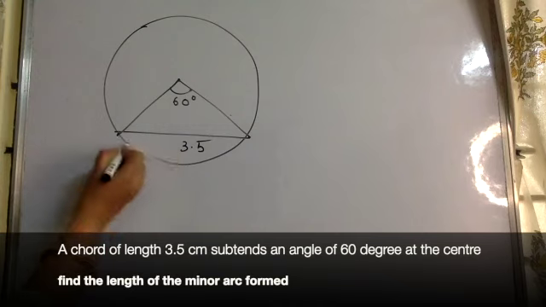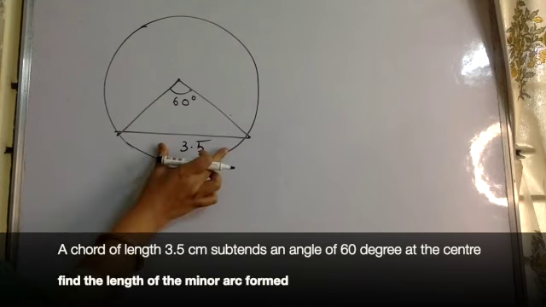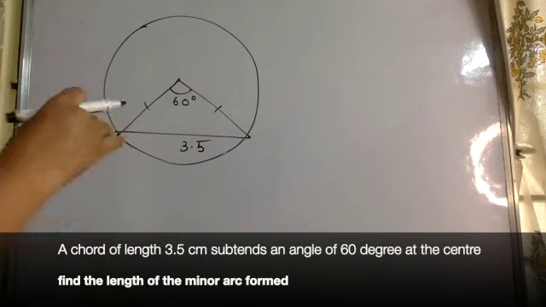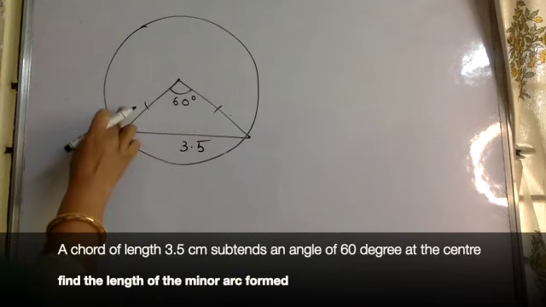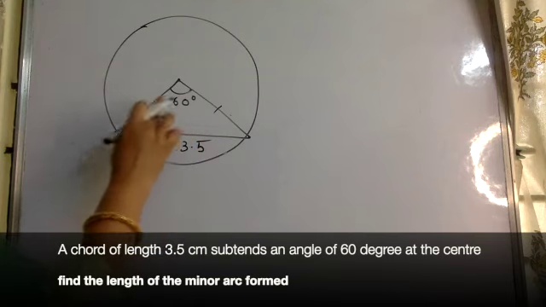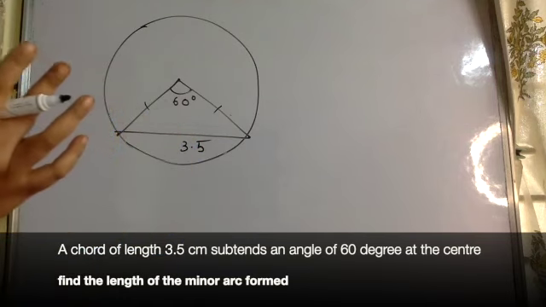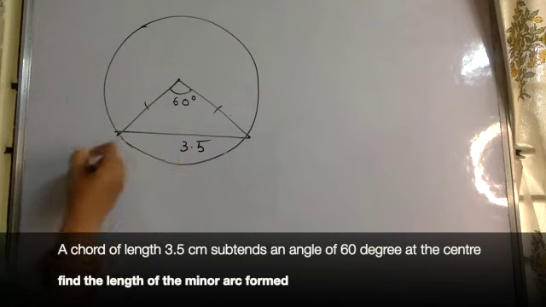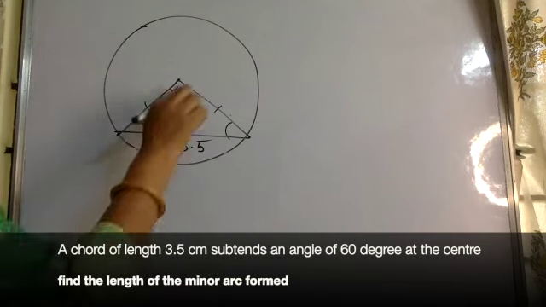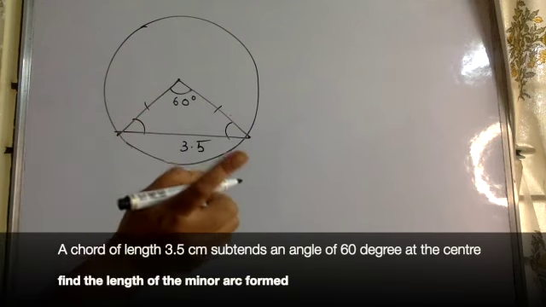Now here, if they have given us this chord and this angle, we'll have to get our own data. So these two radii are equal, so it's an isosceles triangle. 180 minus 60 degrees is 120 degrees. 120 degrees divided into 2, because these two angles are going to be equal, because the radii of a circle are equal.